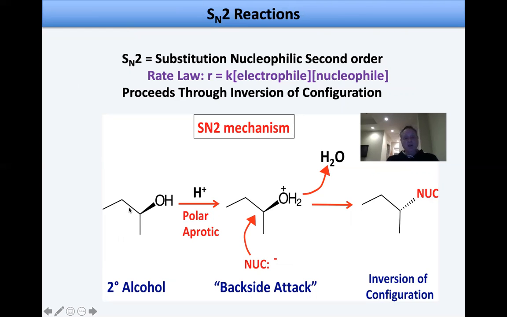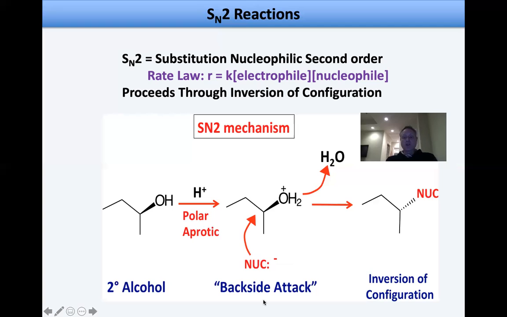And so now we take a secondary alcohol, and recognizing that secondary alcohols could also be substrates for SN1, what we recognize is that this occurs in a polar aprotic solvent here, which would not favor the stability of carbocations. Aprotic solvent would be something like acetone. It's a ketone, it has a carbonyl group, but it doesn't have an OH, it's not a hydrogen bond donor.